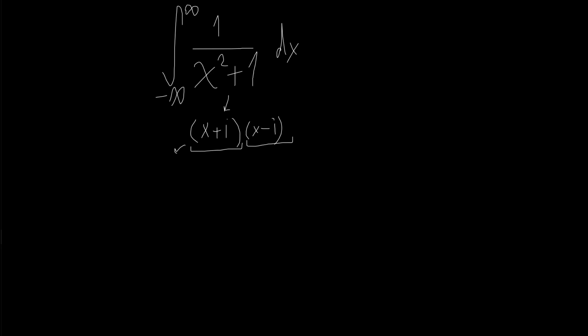The poles are basically where the thing explodes to become undefined, so where the denominator is 0. So when x equals negative i, that would be a pole. And when x is equal to positive i, that would also be a pole. So how do we use that?